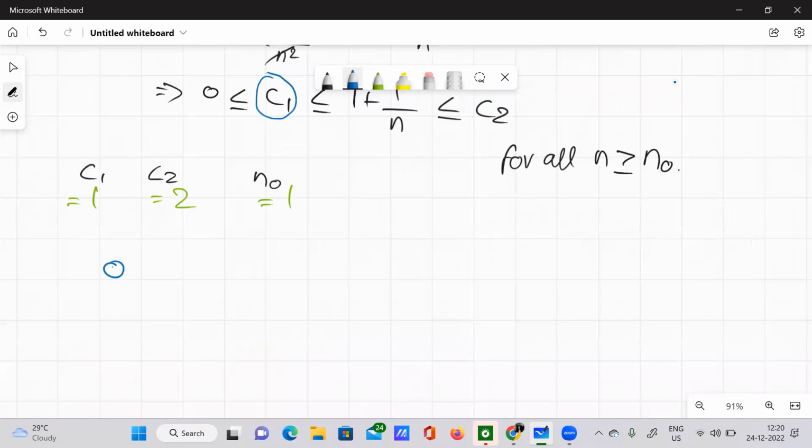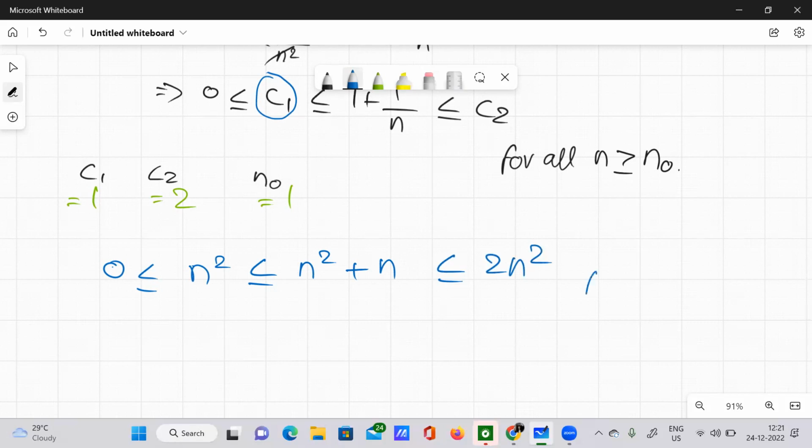Then what happens? 0 less than or equal to n square less than or equal to n square plus n less than or equal to 2n square.